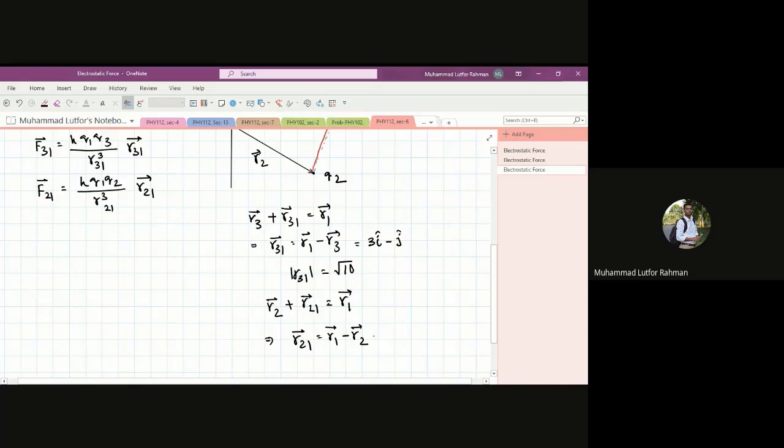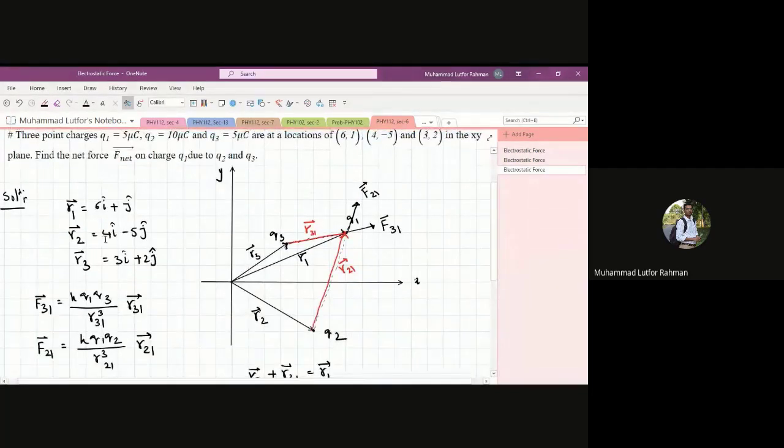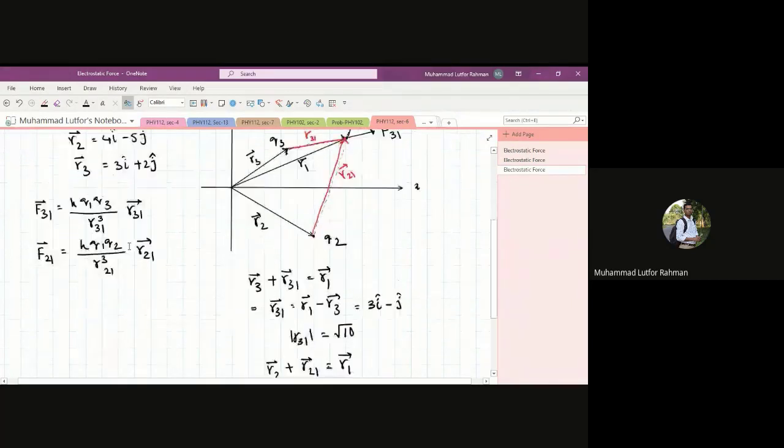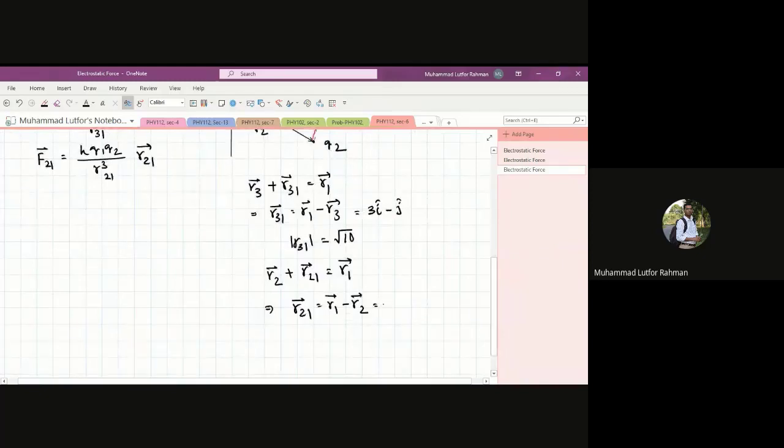Subtracting, 6 minus 4 is going to be 2i, and j minus a minus, it is going to be 6. So 2i plus 6j, and the magnitude of this is 4 plus 36, which is the root over 40, right? I found that one.